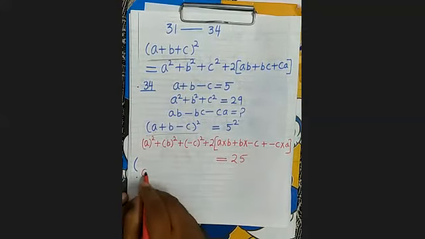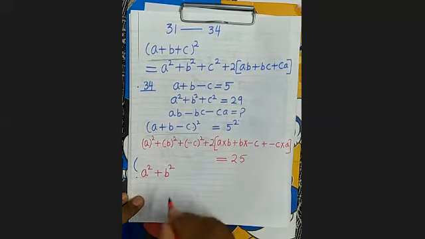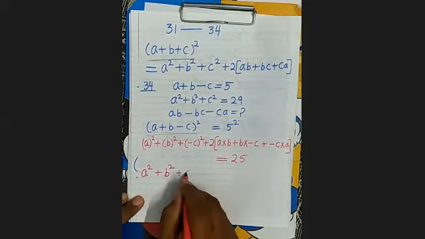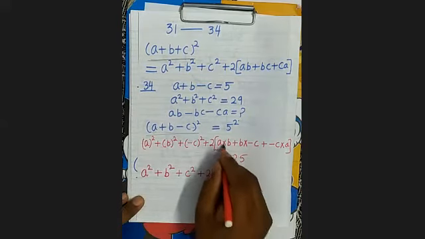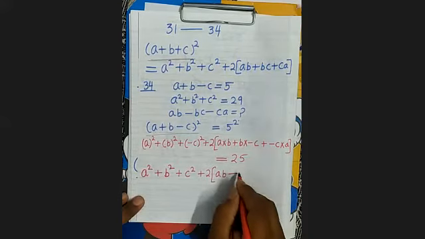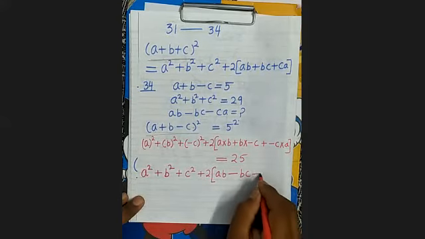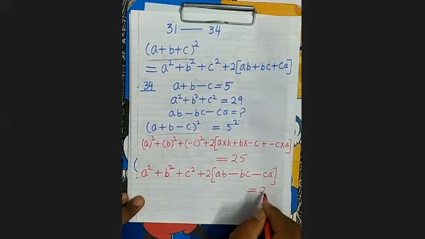Square of a is a square, square of b is b square, square of minus c is plus c square, plus 2 within bracket ab minus bc minus ca, equals 25.